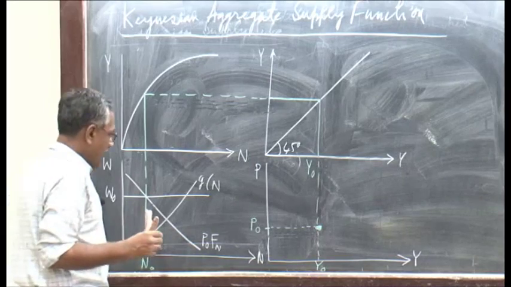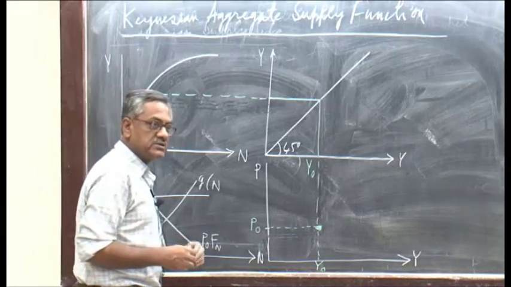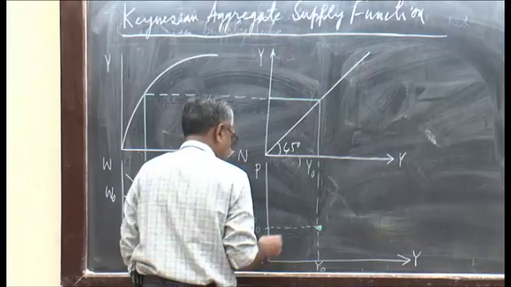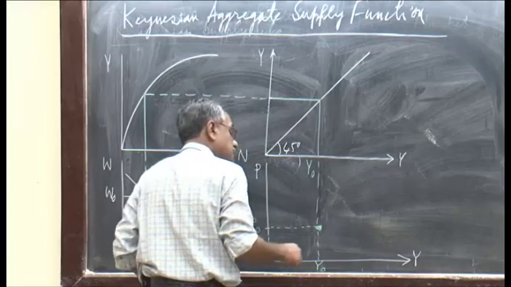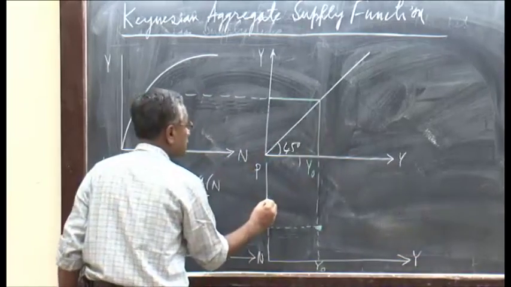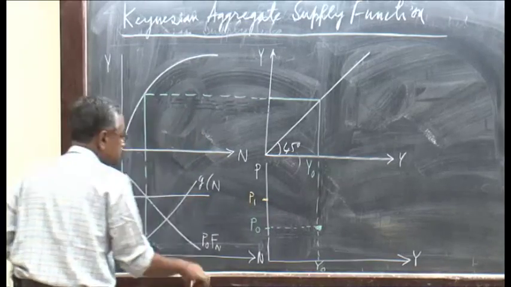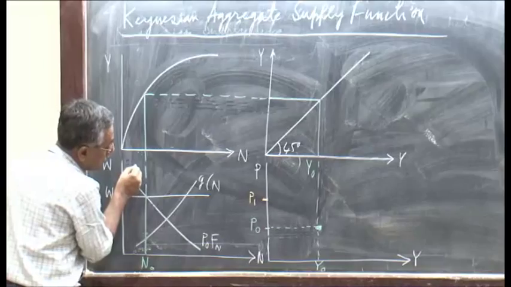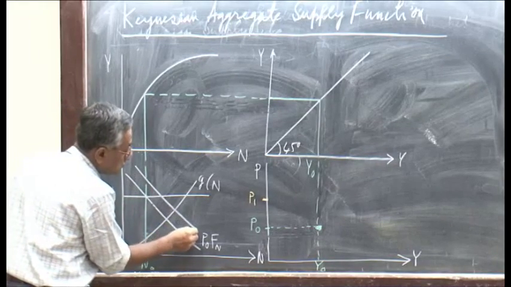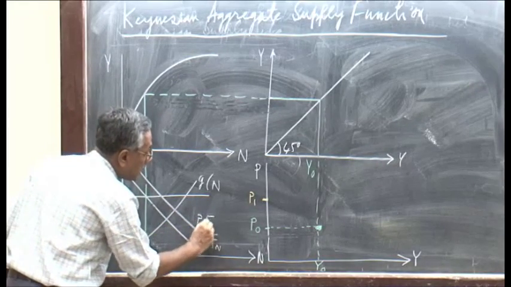Now, as prices increase, at a higher price, you take another color, say P1. As prices increase, the labor demand function will shift to P1 Fn.